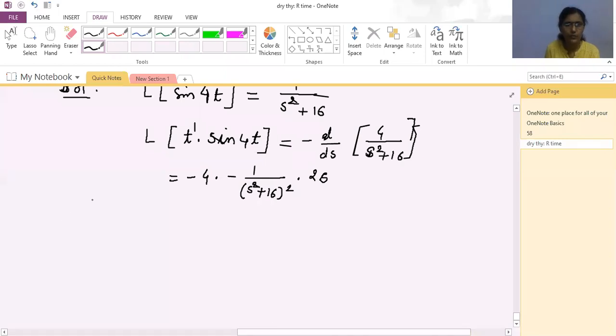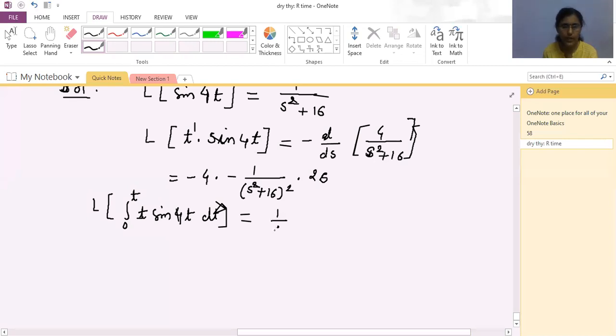Then next we have to find the Laplace of the integral from 0 to t of t sine 4t dt. Now we have to use the property of Laplace of the integral of a function. When we have to take the Laplace of an integral, we just write 1 by s with it.